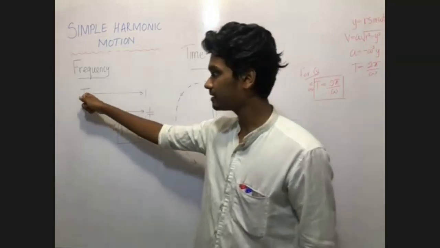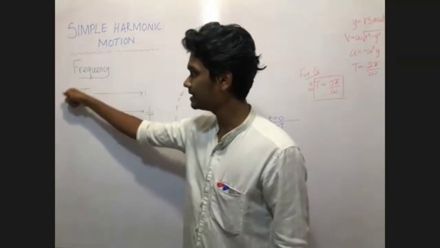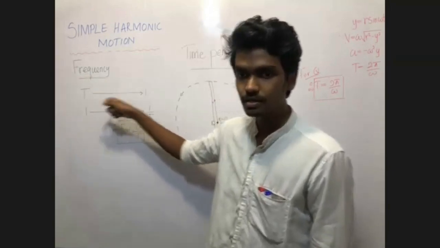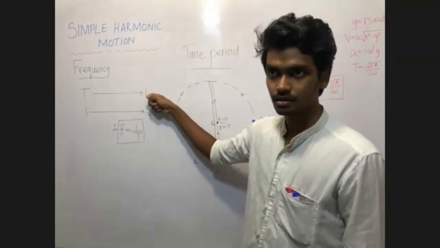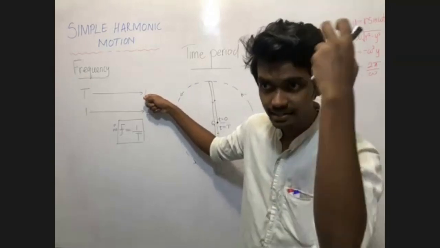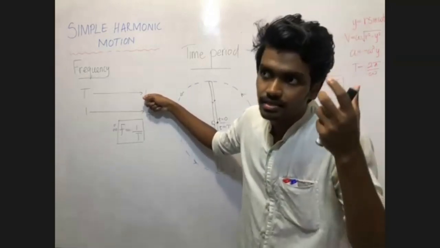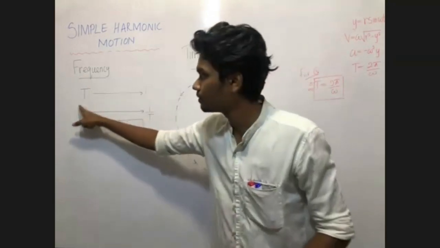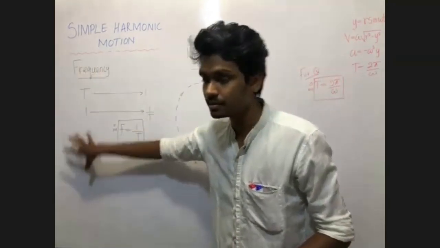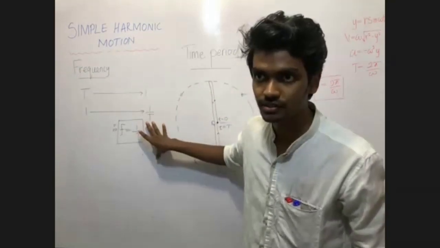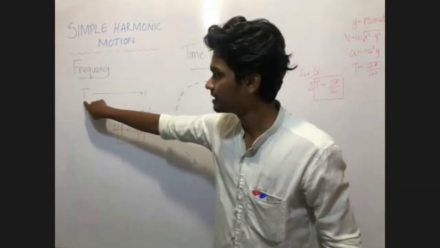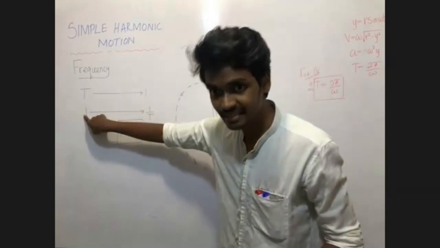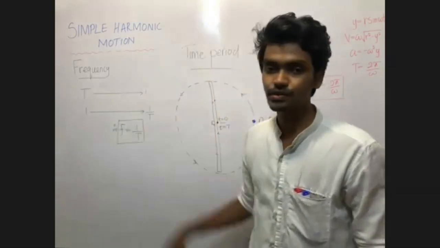So how did I get that? In this time period, the number of oscillations performed is 1. What is frequency? The number of oscillations performed in 1 second. In time T, capital T, there is 1 oscillation. In 1 second, there are 1 over T oscillations.